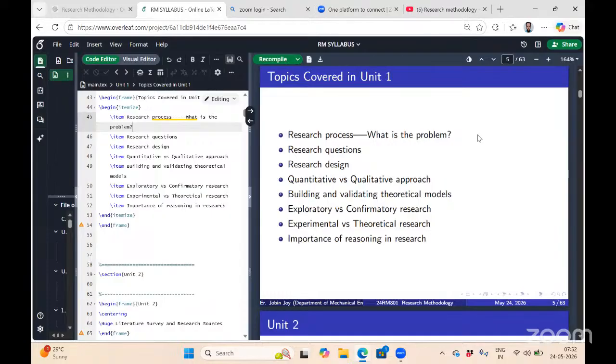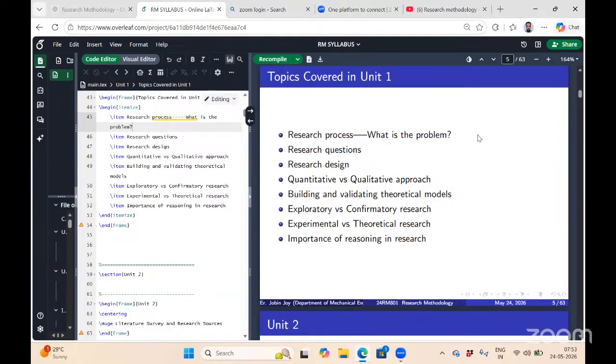The researchers manipulate the independent variables and observe their effects on the dependent variables. So the researcher will change the independent variable and observe how this affects the dependent variable.